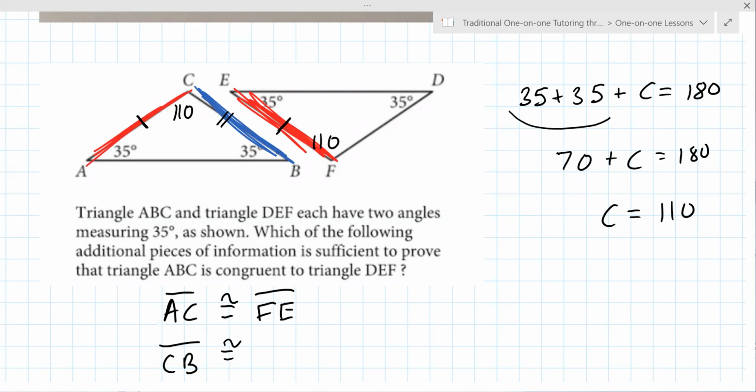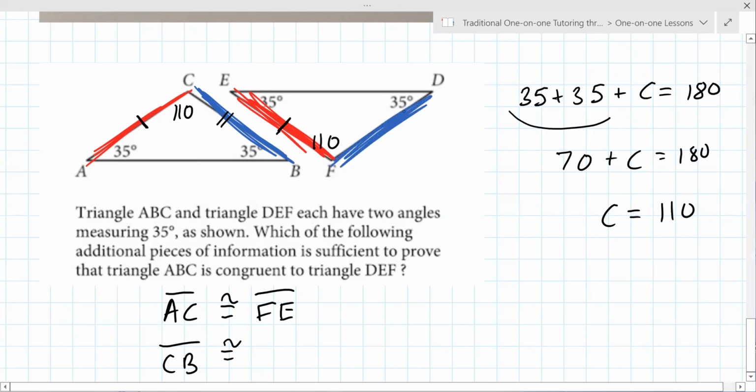So what side on the other triangle goes with CB? ED. No, Sourish, ED is along the bottom with the 35s. DF. Yes, D to F, or F to D in this case.